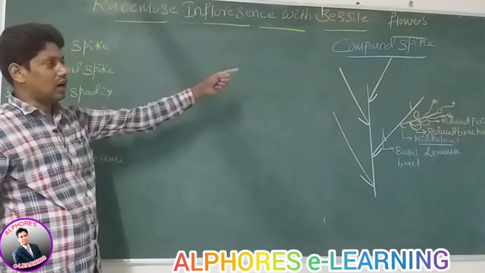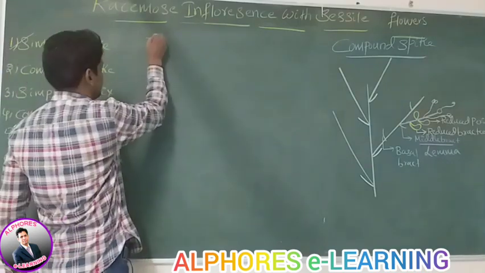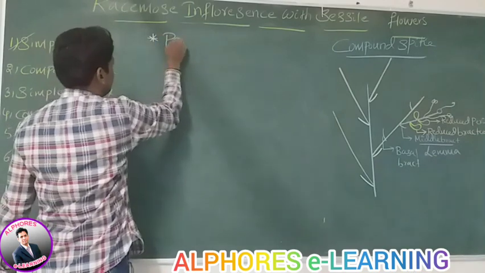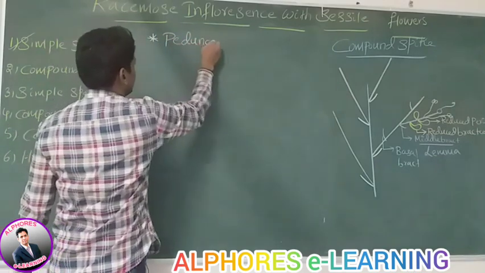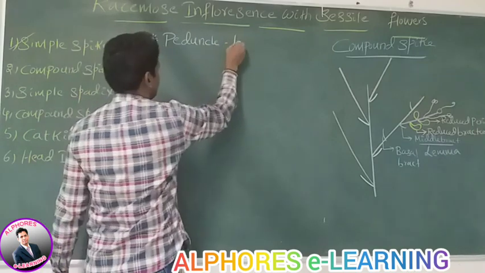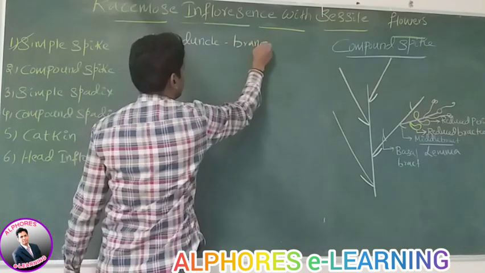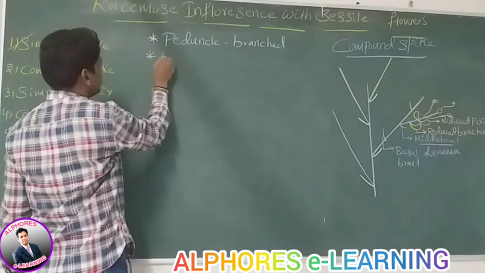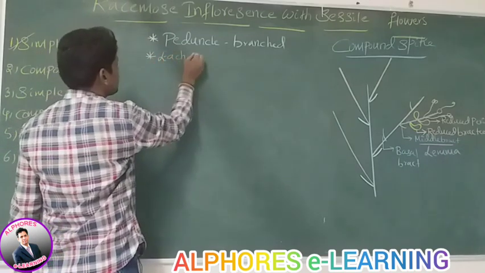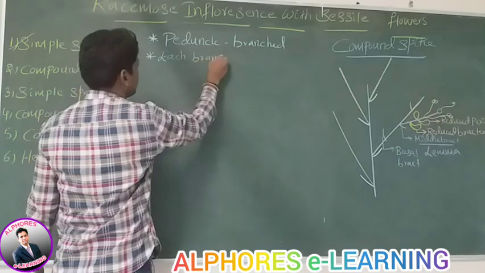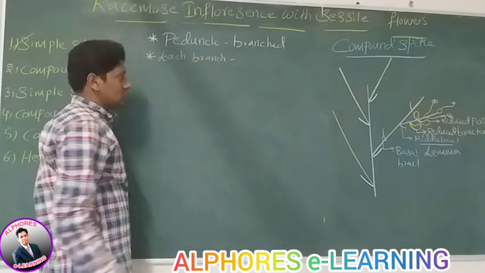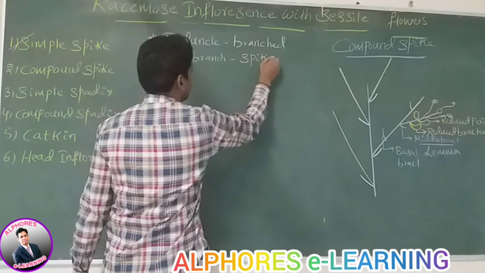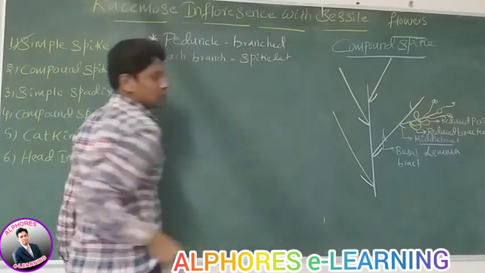We are discussing compound spike, right? I am writing the statements. Compound spike: the peduncle is branched. Each branch is called a spikelet.